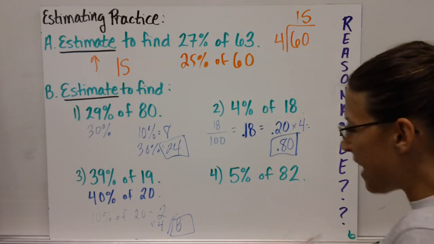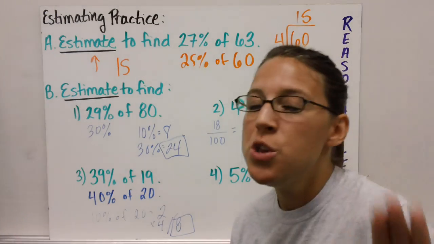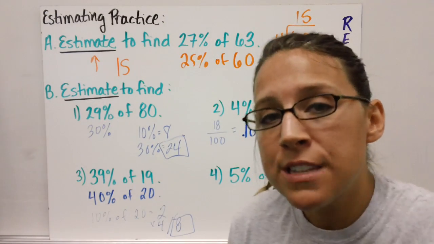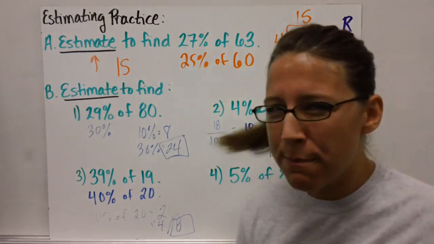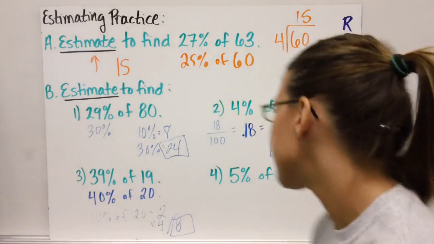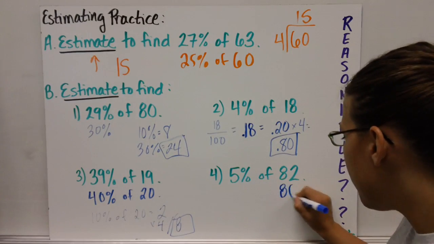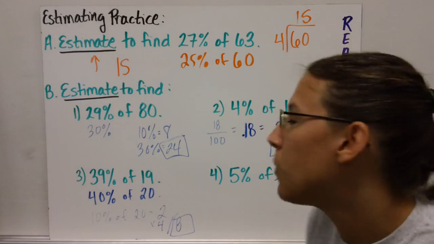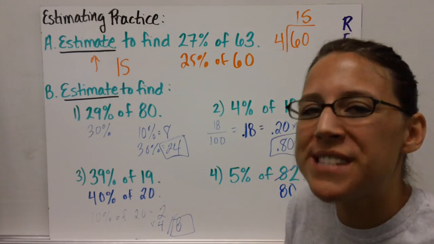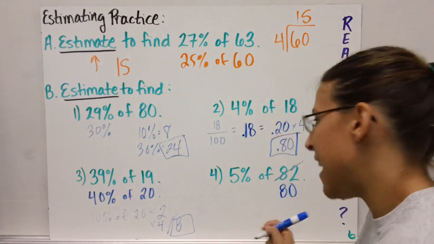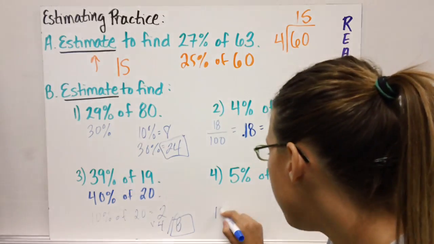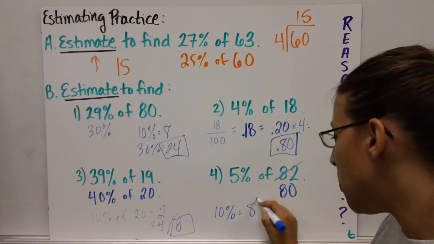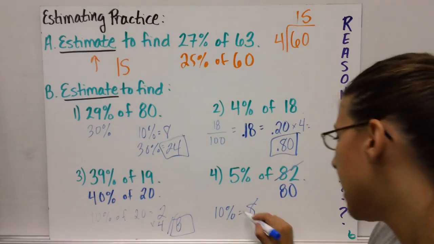How about 5% of 82? This is where you could use either the 1% method, divide by 100, or the 10% method. And let me show you how that works. I'm going to change this to 80 because 82 is kind of silly to work with. What's 10% of 80? You get 10% of 80 by dividing by 10. So 10% is equal to 8, right?